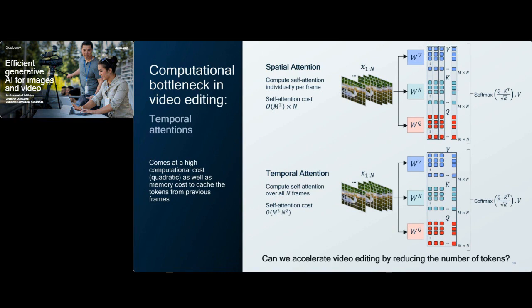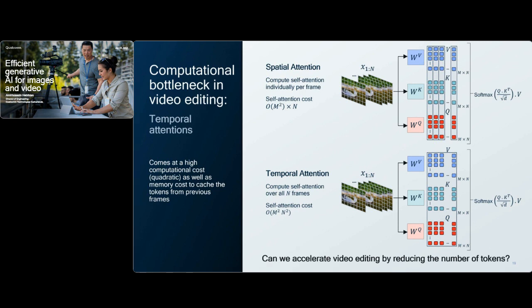As we see in this figure, for a given video with n frames, each frame is embedded into m tokens using query encoding, key encoding, and value encoding, like the W's here, which results in m by n tokens in total for the whole video for each key, query, and value.